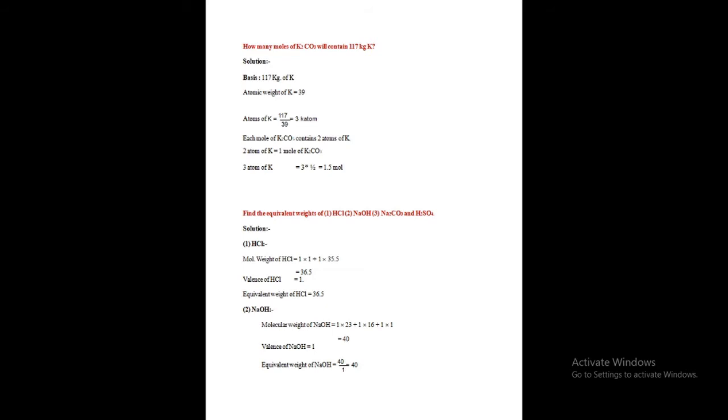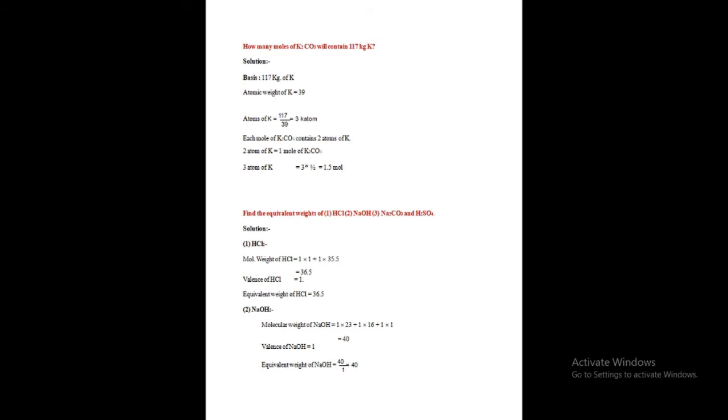So the first one, HCl, molecular weight of HCl. Molecular weight is nothing but the summation of the atomic weights of the compound. Here in HCl, hydrogen is present and chlorine is present, 1 atom each. So hydrogen 1 into 1 plus chlorine 35.5 into 1, totally 36.5 is the molecular weight of HCl.